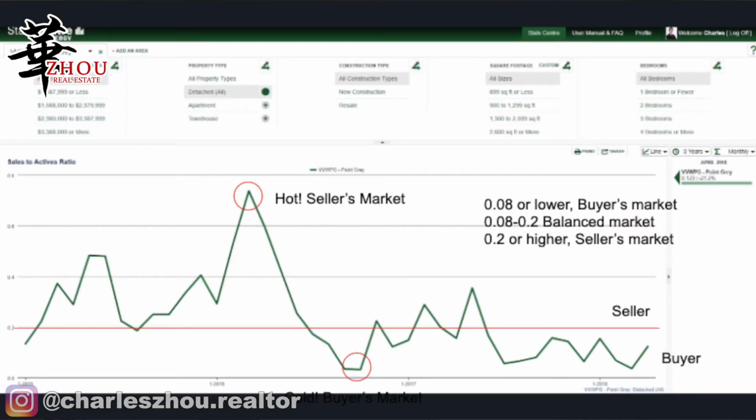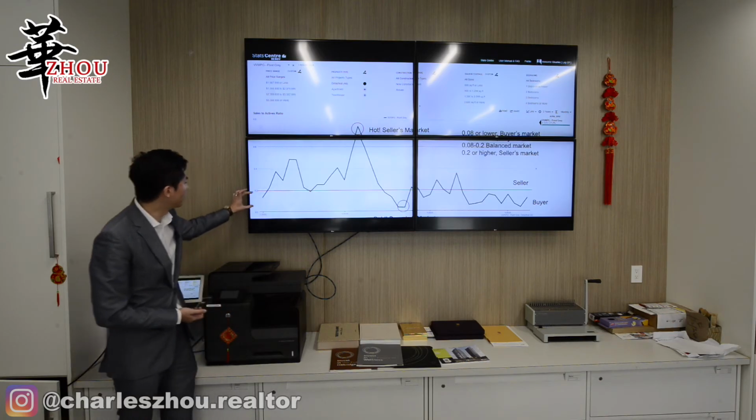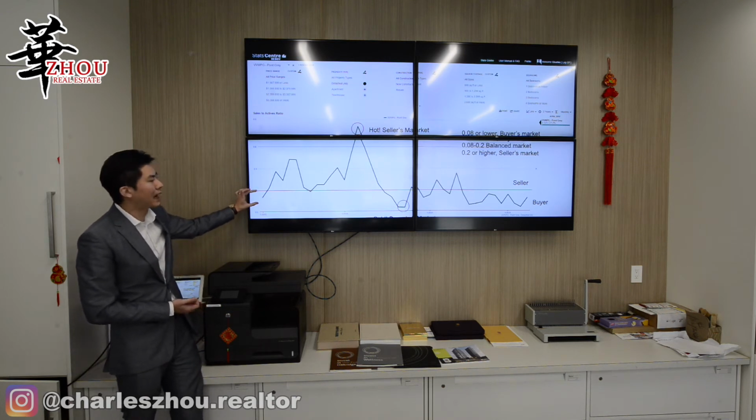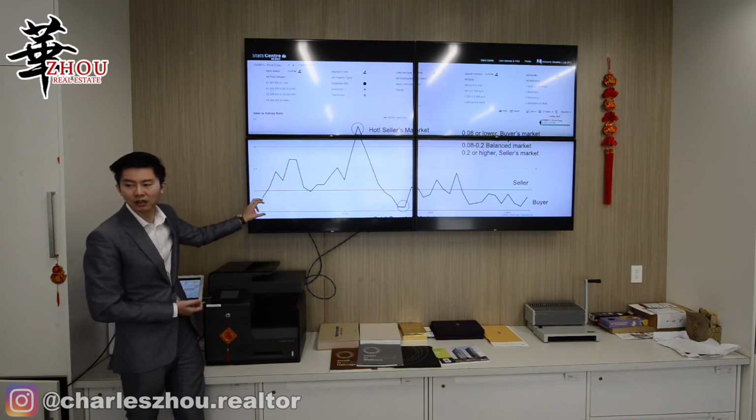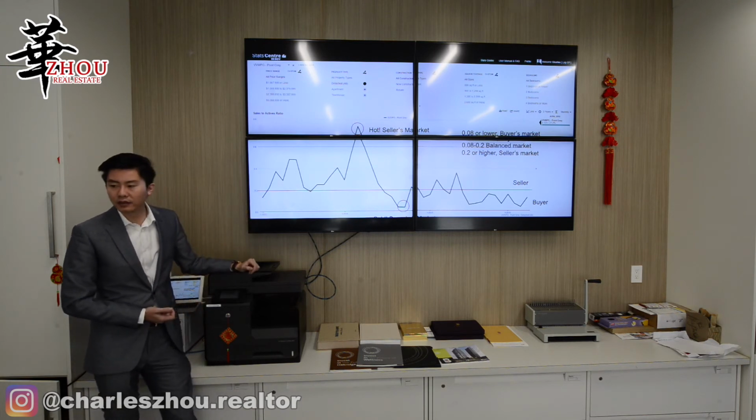This is the hot seller's market, and this is the cold market, and between them is called the balanced market. Anything above 2 is really, really hot, and anything below 0.08 is the buyer's market. In between is called balanced market.